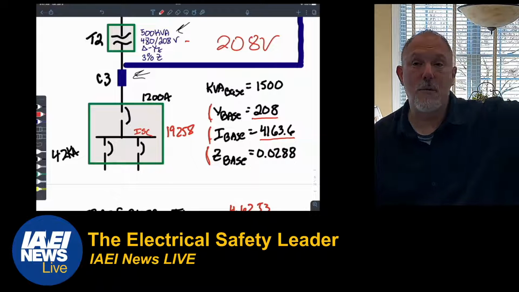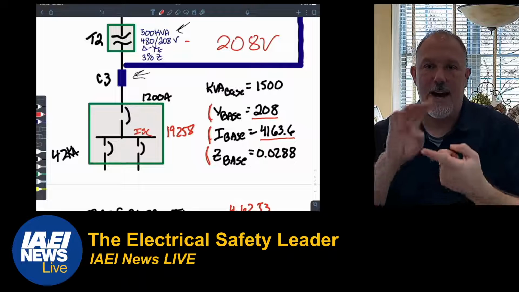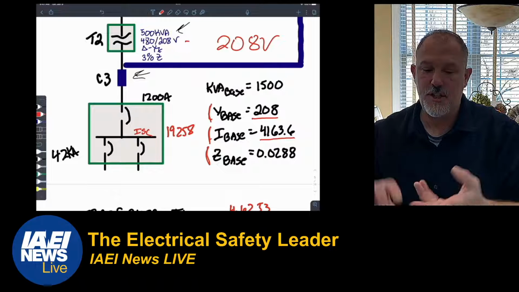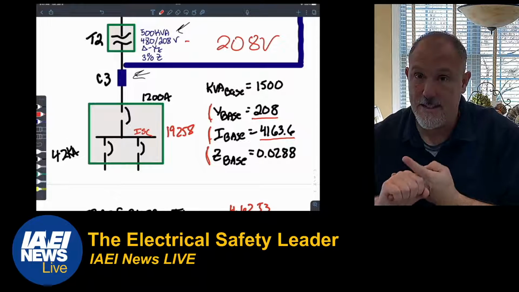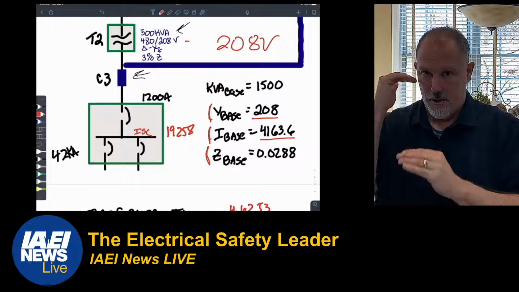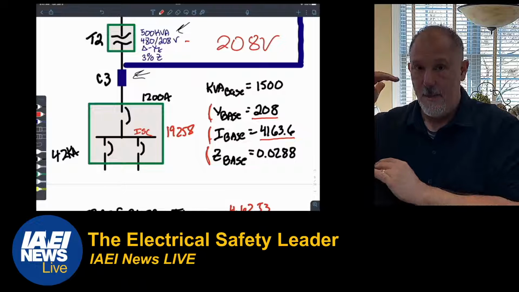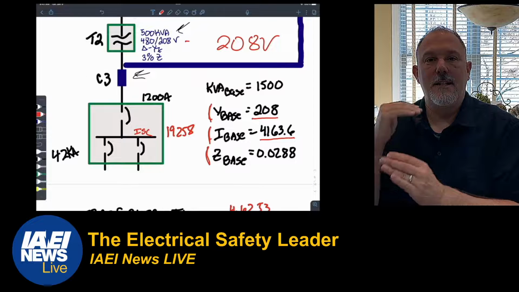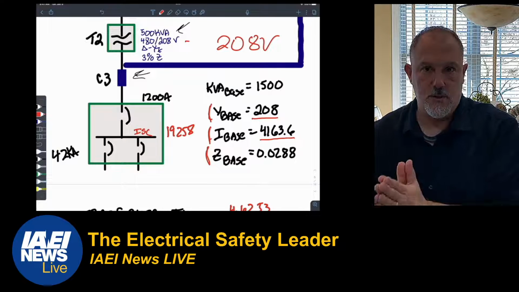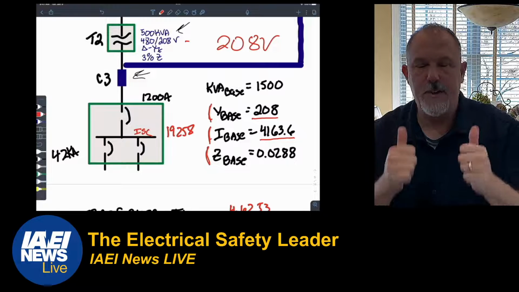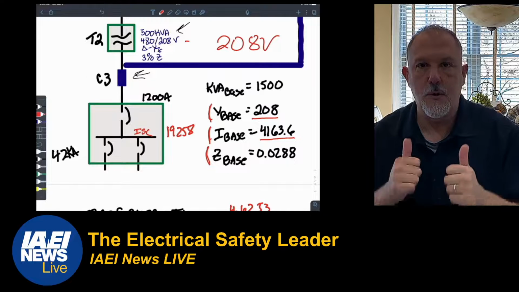I don't always use 4160 or 480. When the voltage changes, that means my I current has to change, and that means my Z base has to change. So everything is put on a 1500 kVA base, but I still have to calculate different currents because I'm at different voltages. That is a very important thing to remember in per unit.